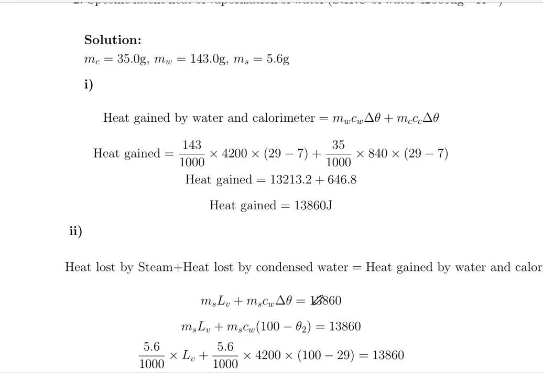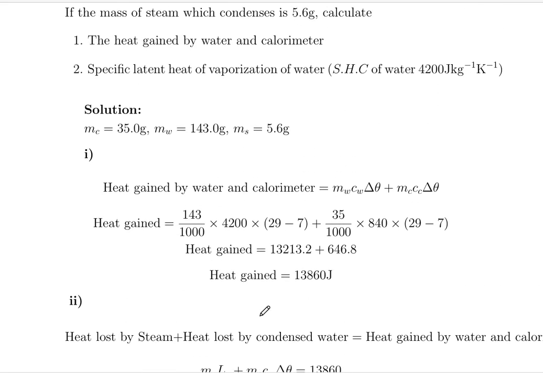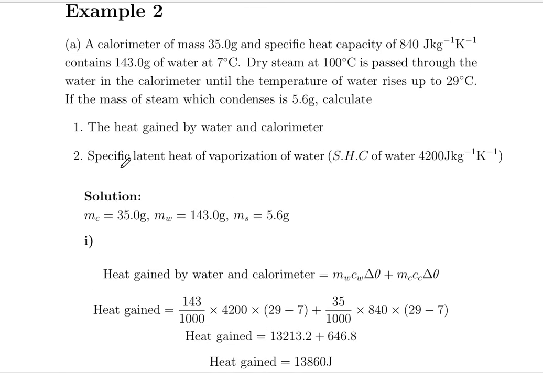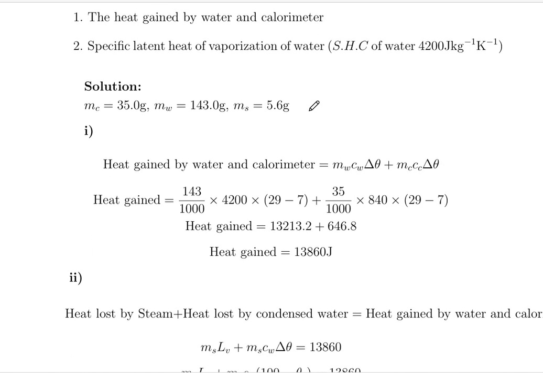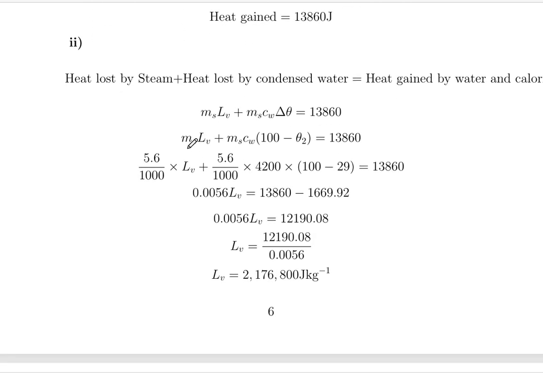So there we shall just substitute, no computing again. Now, we add the mass of the steam which was condensed, and that was 5.6 grams. Where I have the mass of steam, it's 5.6 grams, and you convert it to kilograms by dividing by 1000, multiplied by the specific latent heat of vaporization that we are looking for.